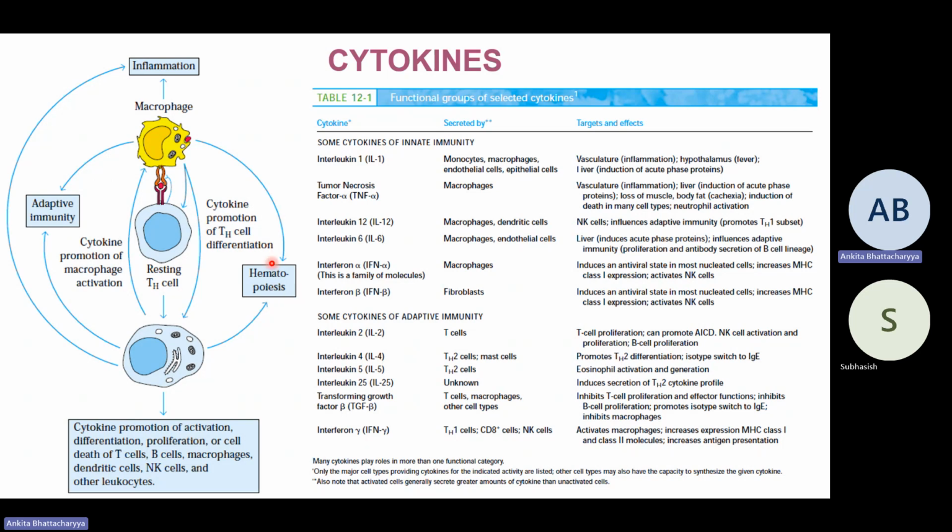It is able to stimulate hematopoiesis, producing cytokines for the differentiation of T helper cells so that it forms an activated T helper cell, and is directly able to act on the resting T helper cell. So altogether, cytokines are able to promote activation, differentiation, proliferation, and under certain circumstances, even the death of T cells, depending upon what the stimulus is, what the surrounding environmental condition is.